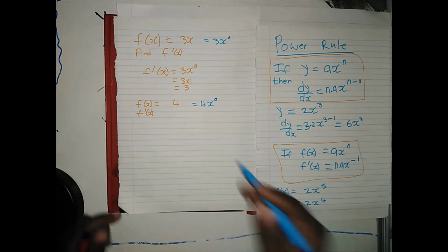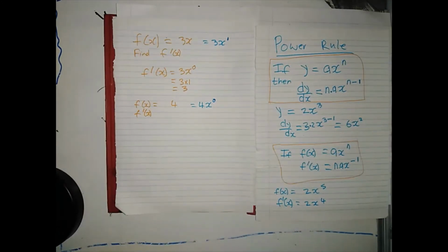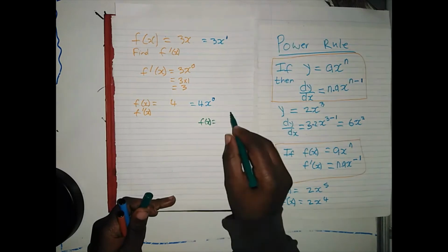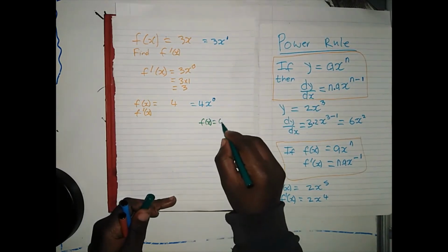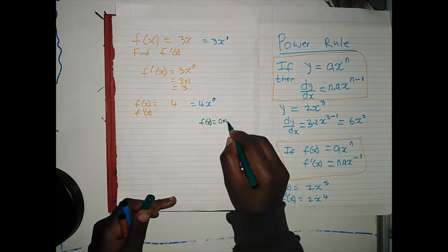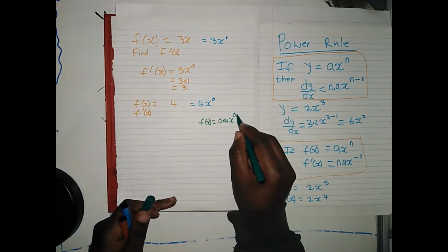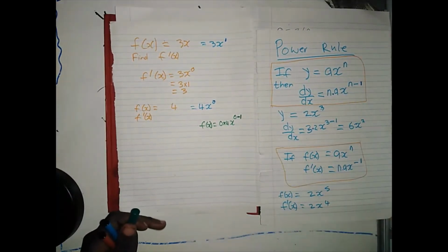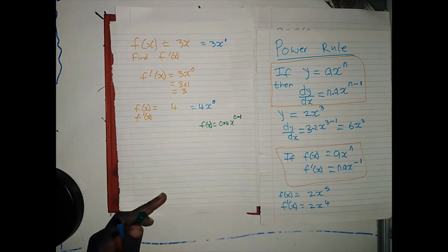So if this is 4x to the power 0, then f prime of x here will be 0 times 4, times x to the power 0 minus 1, because this is how the power rule tells us we deal with this kind of problem.